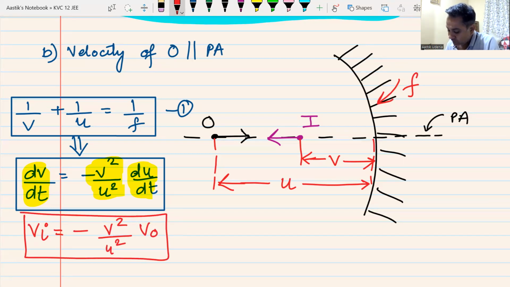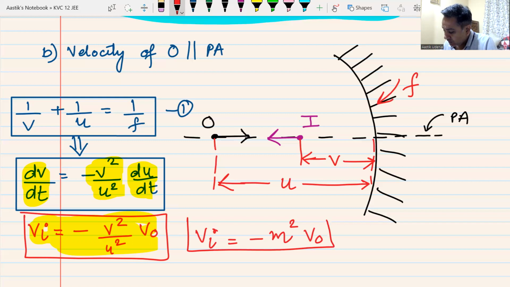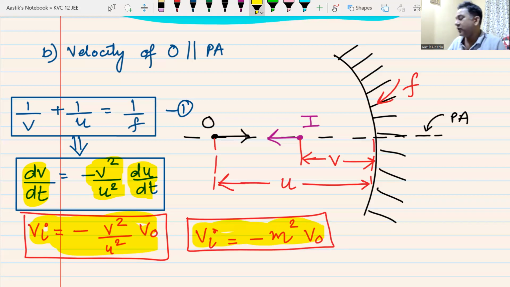This is the first way in which you can write it, the yellow one, or you can write the same thing in a different way. Velocity of the image is minus m square times velocity of the object, since v square by u square is m square.